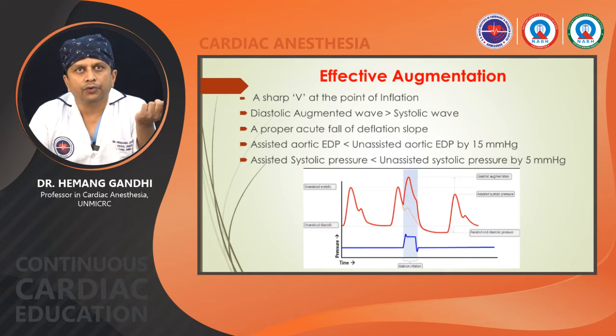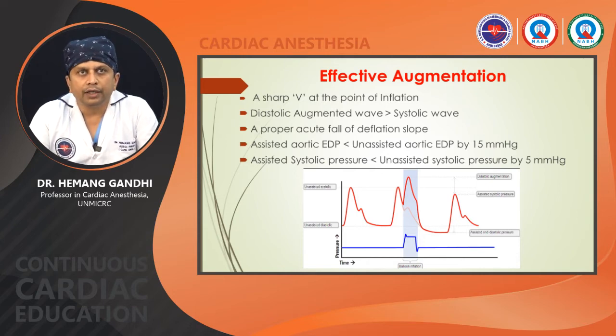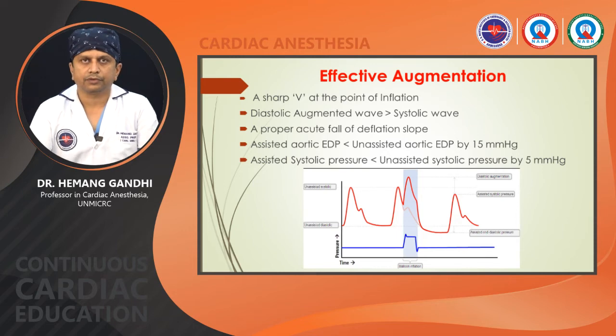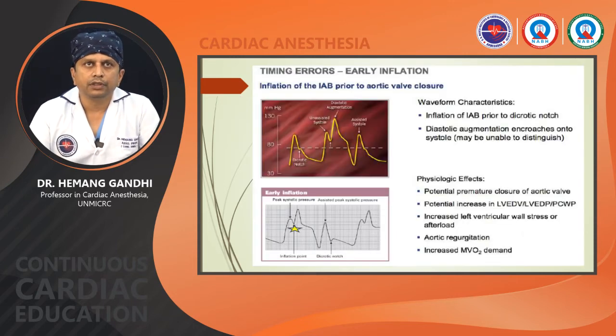Then a proper acute fall of the deflation slope. The assisted aortic end diastolic pressure should be less than the unassisted aortic diastolic pressure by 15 mm of mercury, and the assisted systolic pressure should be less than the unassisted systolic pressure by 5 mm of mercury.